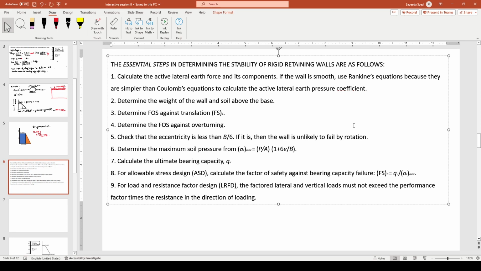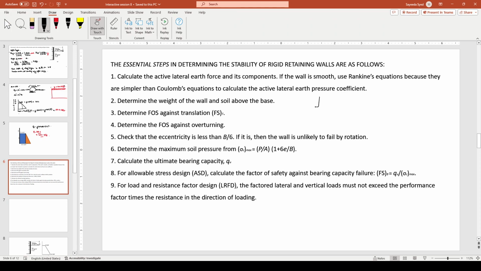Then we determine the weight of the wall and the soil above the base, as in if there is some embedment or the cantilever, this weight of the soil and weight of the cantilever and weight of the soil, they are resisting forces, so we calculate these.